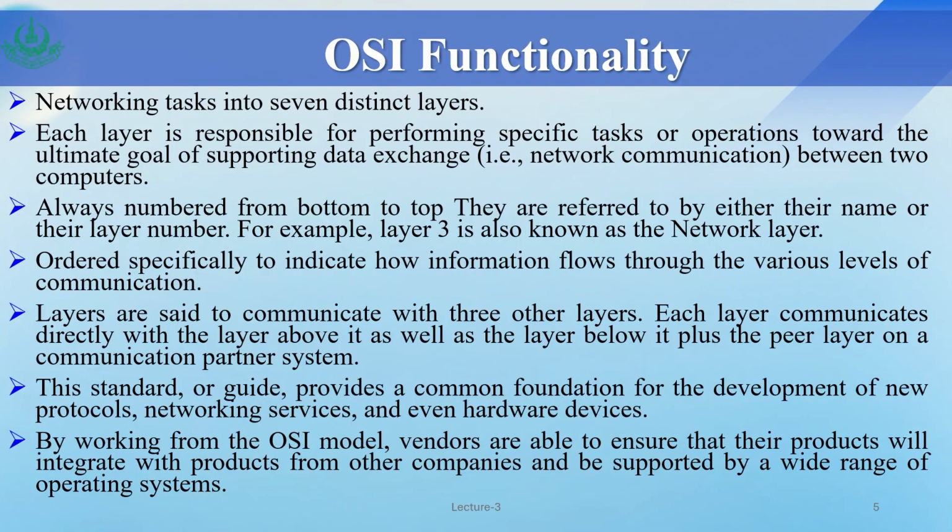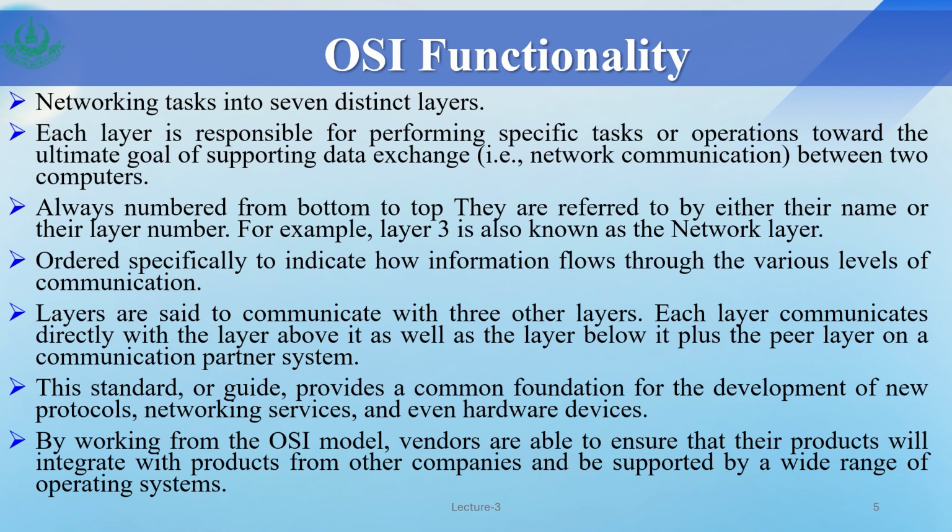In the OSI model, networking tasks are divided into 7 distinct layers. Each layer is responsible for performing specific tasks or operations toward the ultimate goal of supporting data exchange and network communication between two computers or two devices.